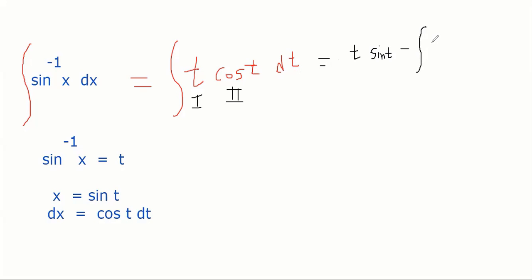So differentiation of t is 1, into integration of cos t, which becomes sin t again. I'm only applying the product rule, that's it. dt. And this is t sin t as it is. Minus, 1 is gone. Integral of sin t we already know is minus cos t, right? So it becomes plus.